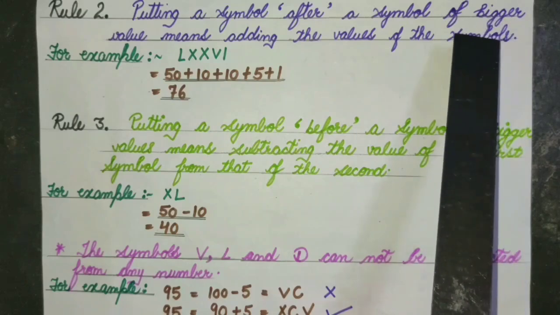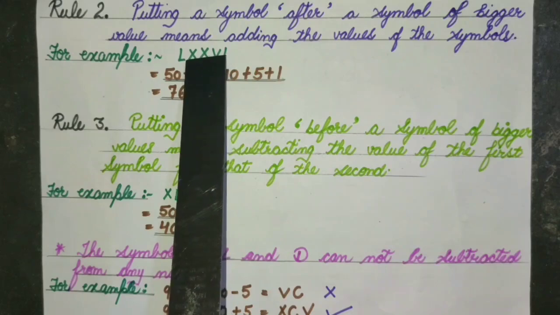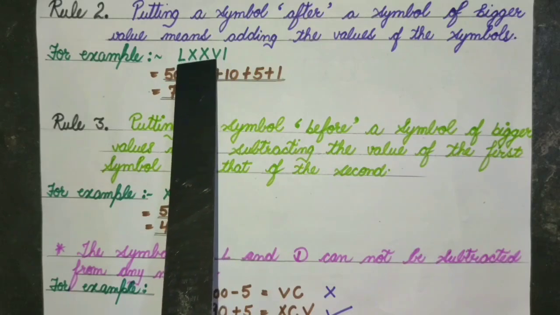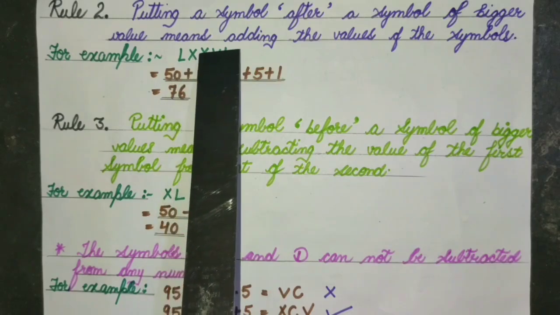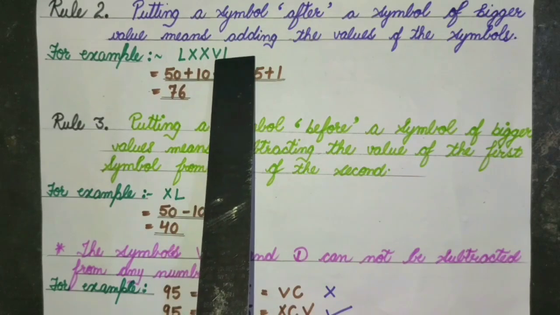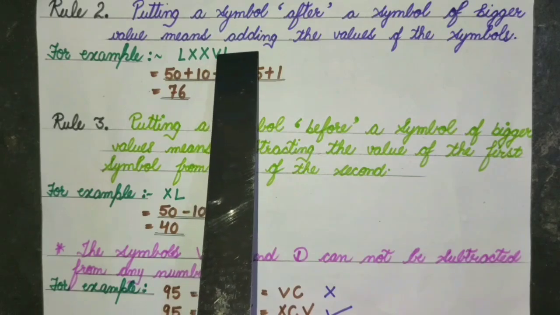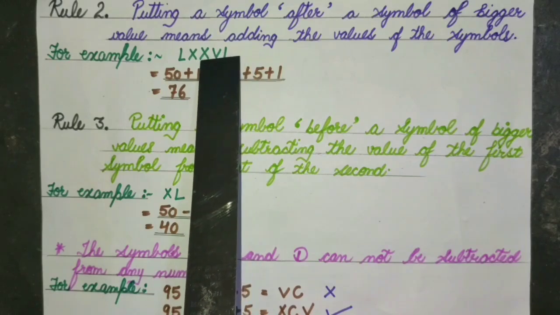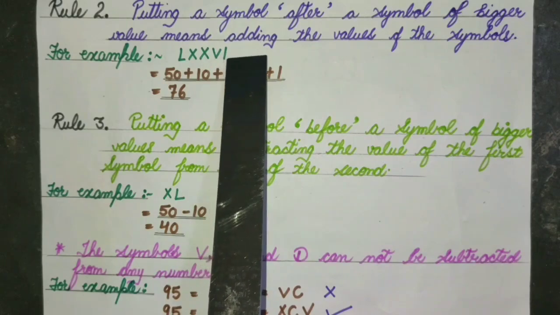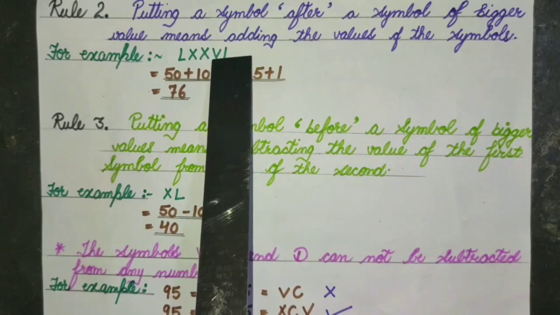See here, I have given one example. X is after the L, so we can say that X we have to add to L. V is after the X, so we have to add V to X. I is after V. It means we have to add I to 5.